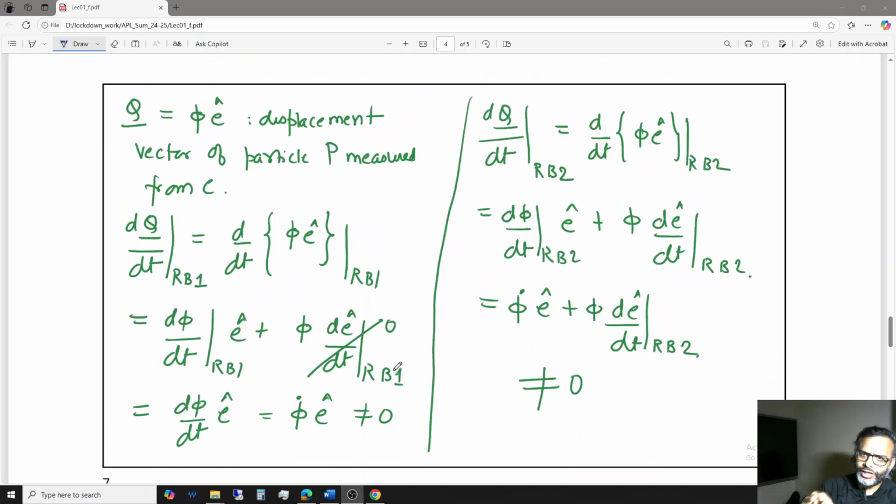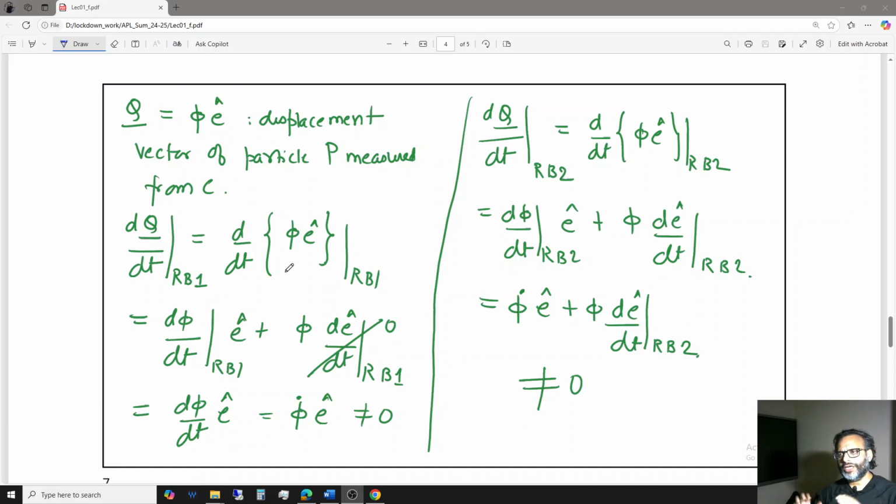So still sticking to the same example of P being an insect, having its own mind and walking on the disk, I can write the displacement vector of this particle or insect measured from C in general as phi times E hat. Now, if I want to know the rate of change of Q with respect to RB1, this is what it will be, what I have written here.